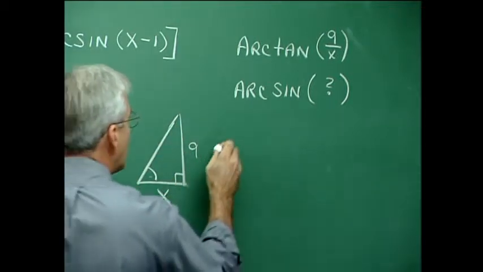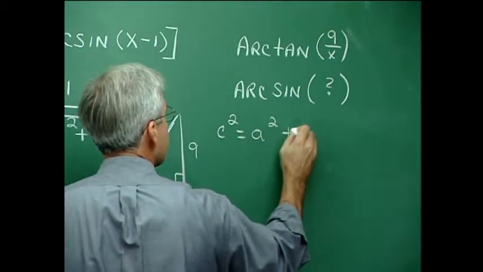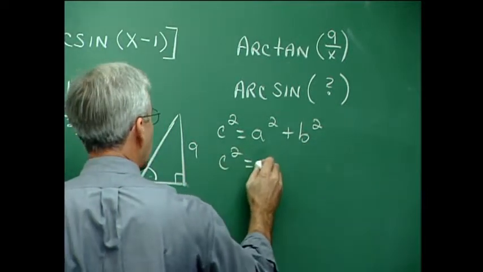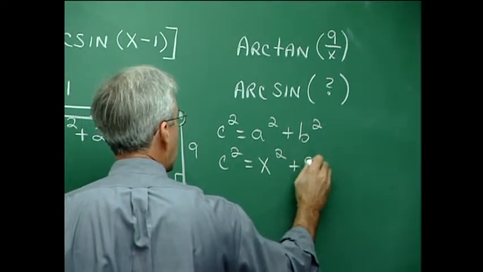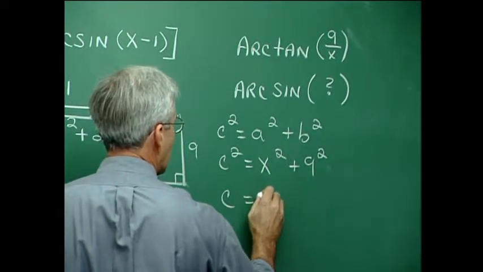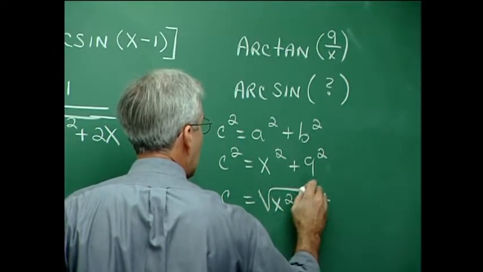So let's see, we're looking for the hypotenuse here, so c squared then is x squared plus 9 squared. C then is the square root of x squared plus 9 squared.